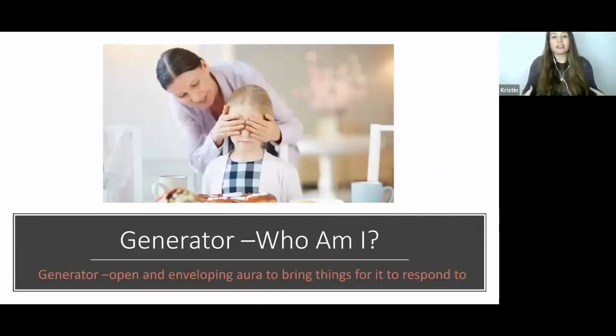A generator type aura, a manifesting generator or a generator, their aura is open. It's very open, and the reason it's open is because it is bringing things for it to respond to. You may have a generator that has a lot of definition in their chart, but guess what? They're still open. Their aura is open.